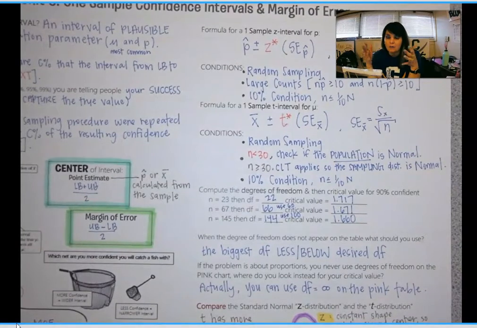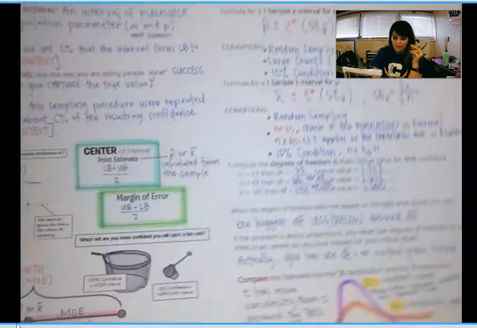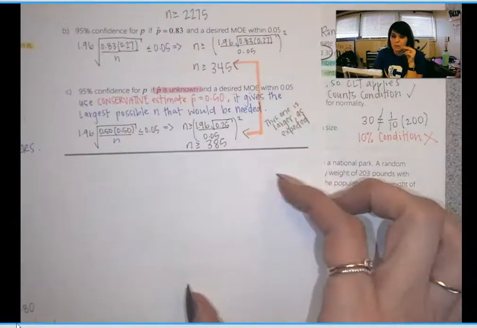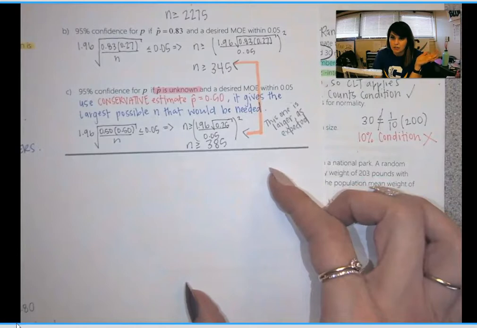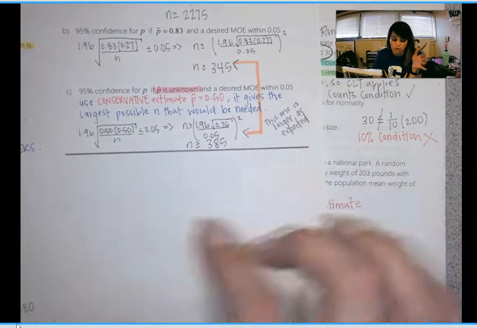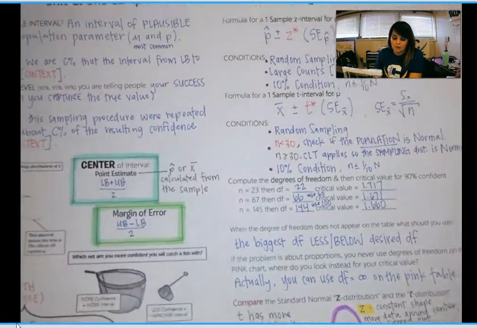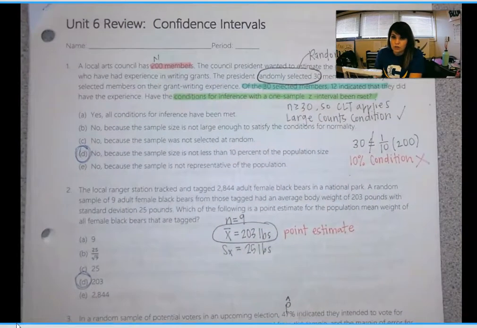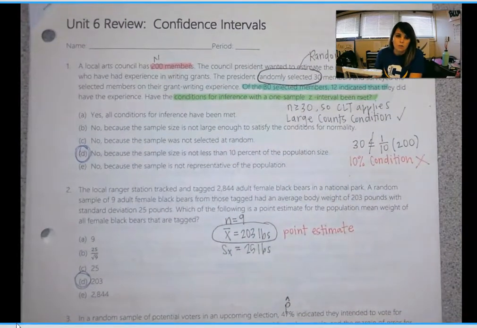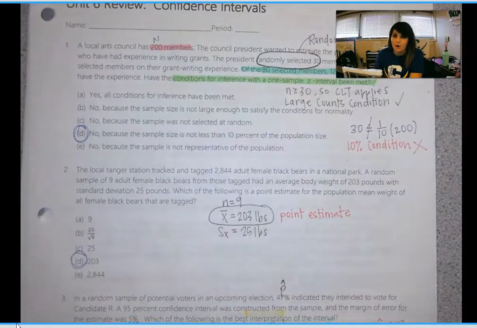That's part of why we make this: one, so you know all of the things that you're going to need to remember or memorize, and two, for me personally, I learn things by writing them down, so I think it's helpful for you to gather all the information in one place and have to write it down. That's why I think the section that's blank could potentially be the most helpful section on the entire overview for you. So make sure that all of the information on here you have memorized, and then make sure that you could do every single one of these problems without your note sheet, without any help.